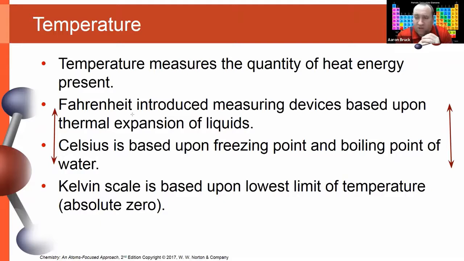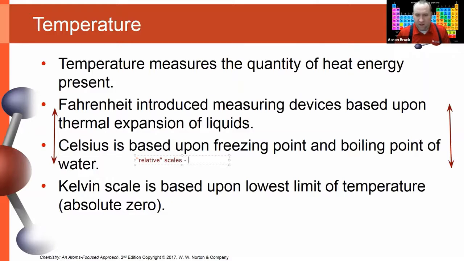Celsius works off of a similar kind of concept, but systematically defines the freezing point of water at 0 and the boiling point of water at 100. Fahrenheit, by the same token, does similar things with 32 and 212 for the freezing point and boiling point as well. Problem with both of these scales is they are considered relative scales.